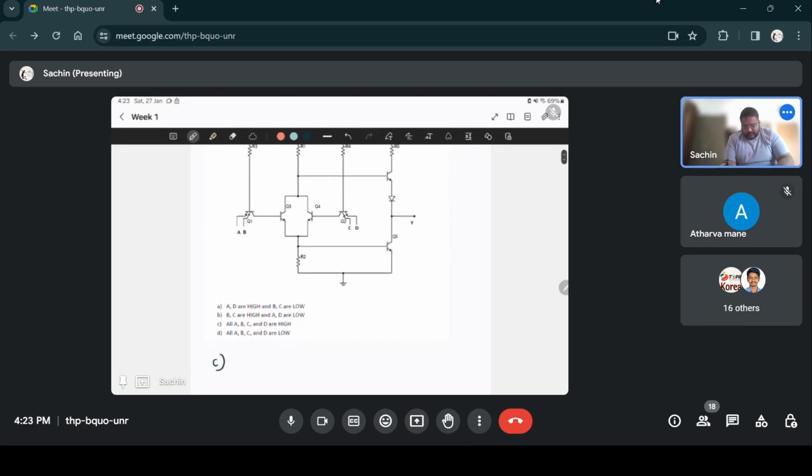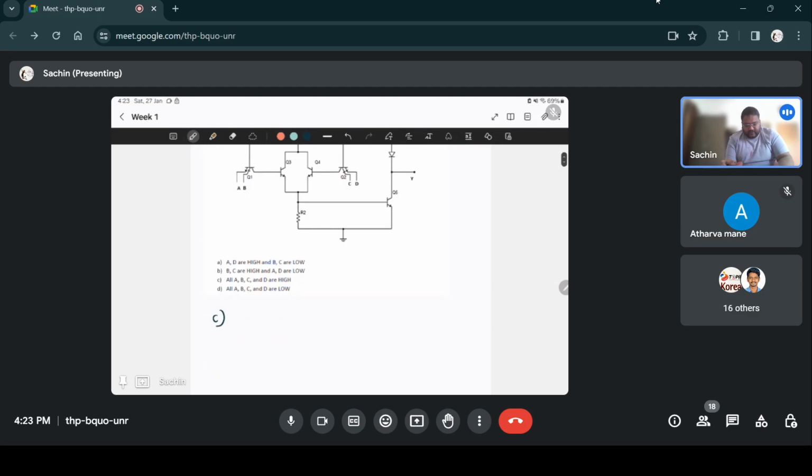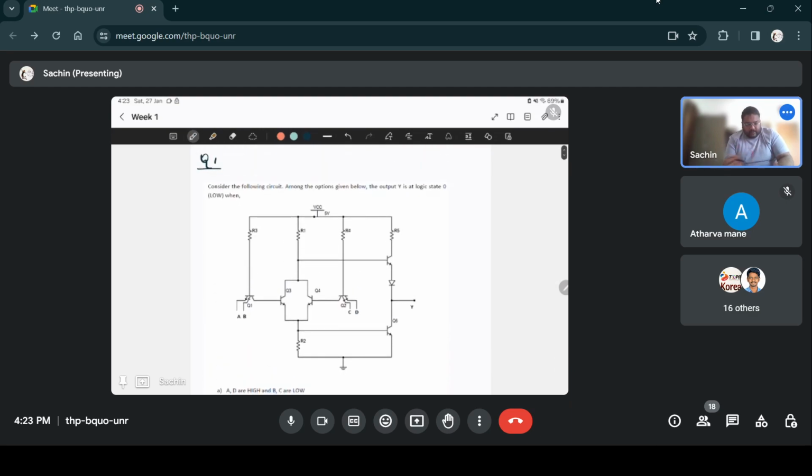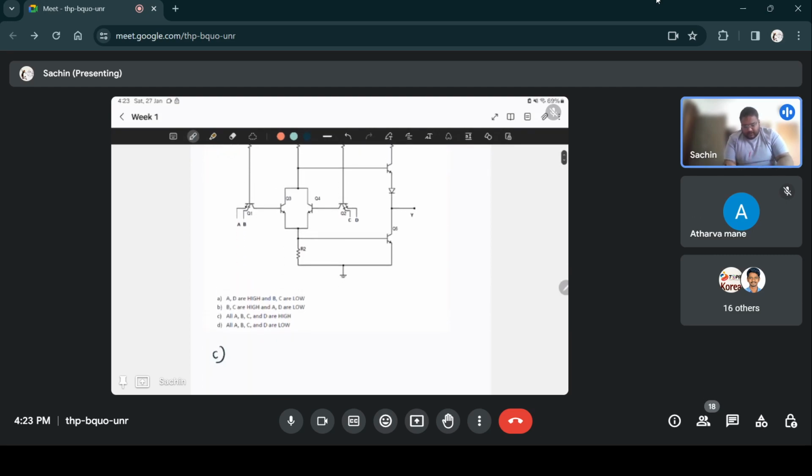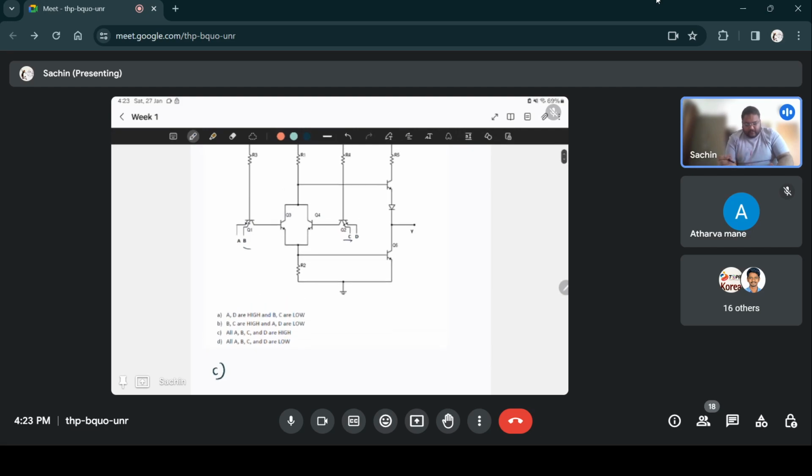Actually, there's one more situation where you can get an output in logic 0 state, but it's not among the options. Among the options, B and C are low in the first option, and in the second option A and D are low. So one among these and one among these is low. In both A and B, and in D, all of them are low.